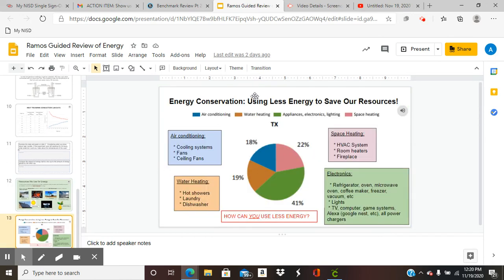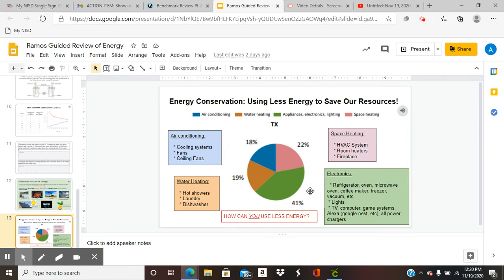Energy conservation, using less energy to save our resources. So you have air conditioning, water heating, space heating, electronics. How can you use less energy? So think about that question. How can you use less energy?